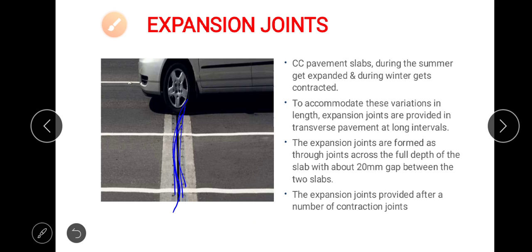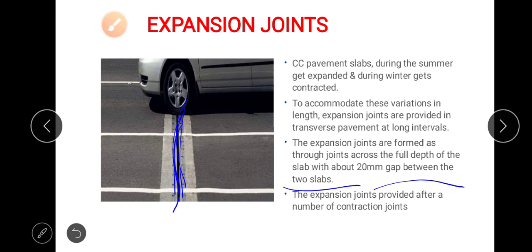To accommodate these variations in length, expansion joints are provided in the transverse direction of the pavement at long intervals. The expansion joints are formed as through joints across the full depth of the slab with about 20 mm gap between the two slabs, 2 cm about.